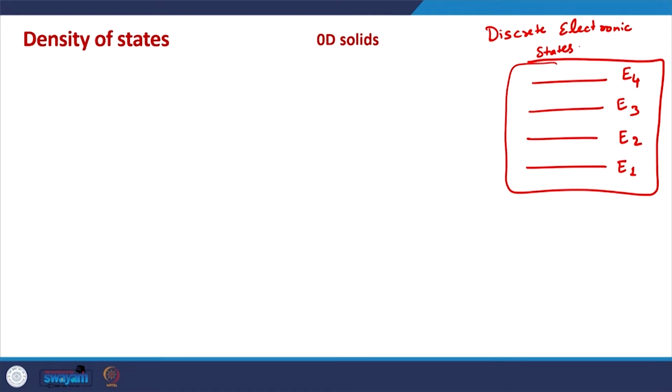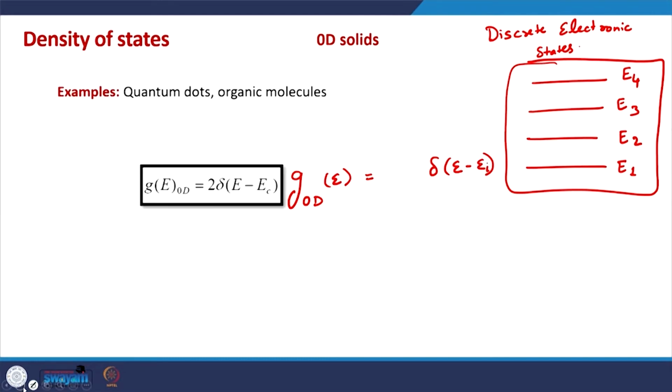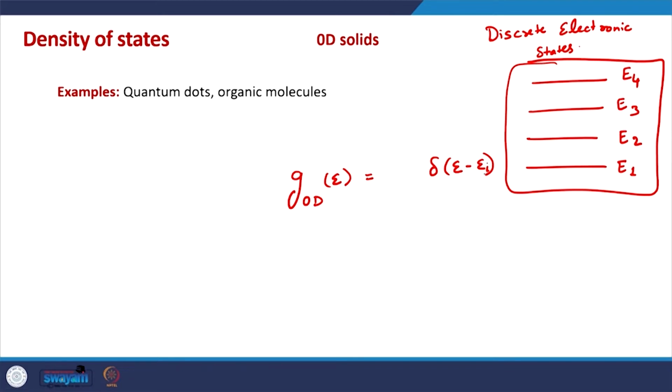So, in very simple terms, we can write down the density of states for a 0D material to be a delta function, where EI corresponds to a reference energy level.